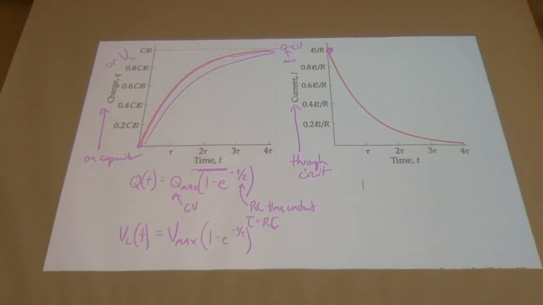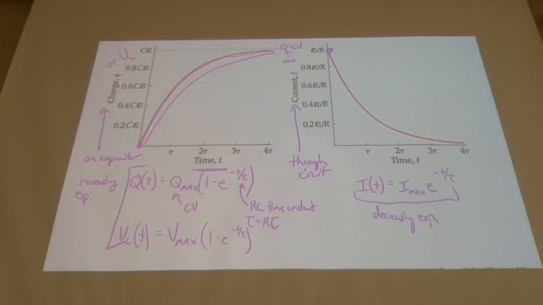We can write a function for this and say that the current through the circuit is equal to something that looks just slightly different, I max, and this time we leave off the 1 minus. So it's just e to the minus t over tau. So functions that look like this are increasing exponentials, and a function that looks like this is a decreasing exponential.